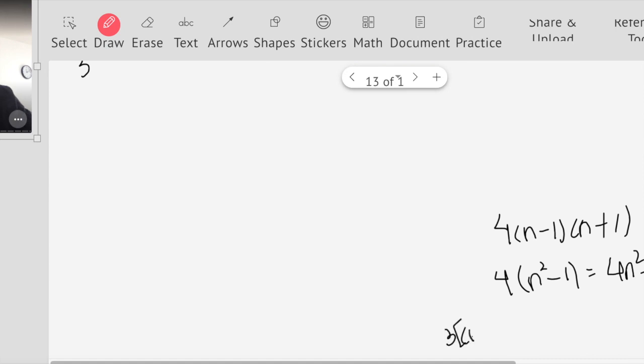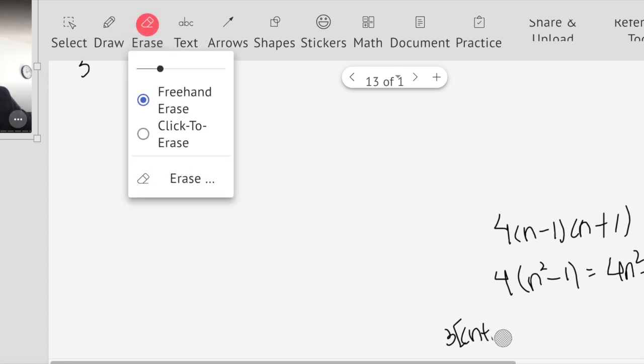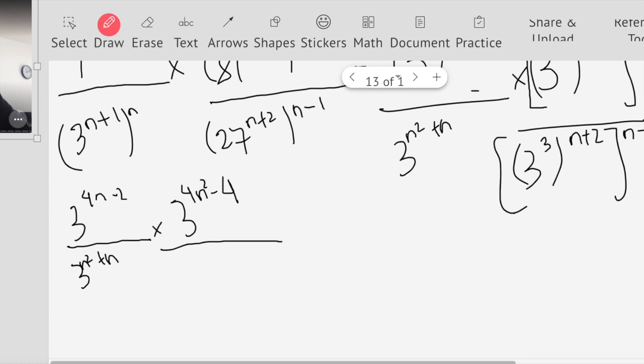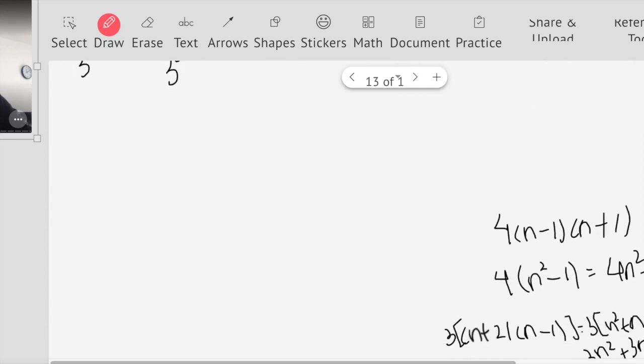So this would be 3 times n squared minus n plus 2n, so that'll be n squared plus n minus 2. And this is 3n squared plus 3n minus 6.